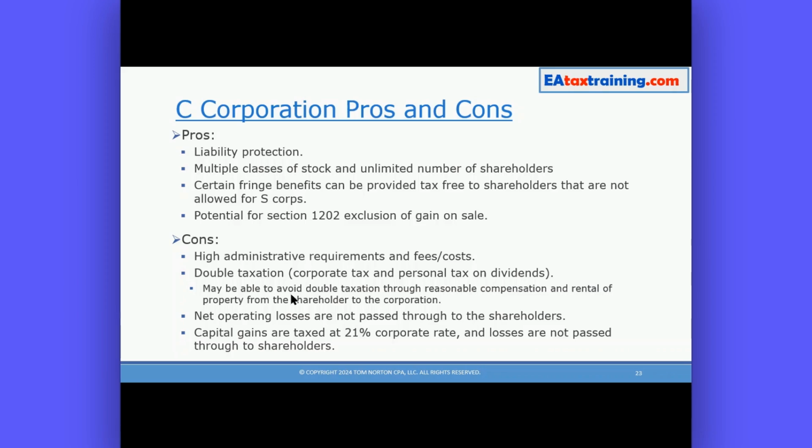So you're going to pay more tax as a C corporation on capital gains than you would if you had an S corporation, for example, and those capital gains passed through to the individual owners, and then they would pay the capital gains rate at their individual tax rate. Also, any capital losses, again, are not passed through to the shareholders. They are kept at the C Corp level.